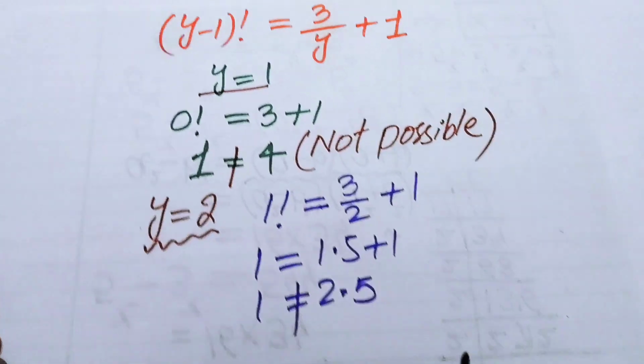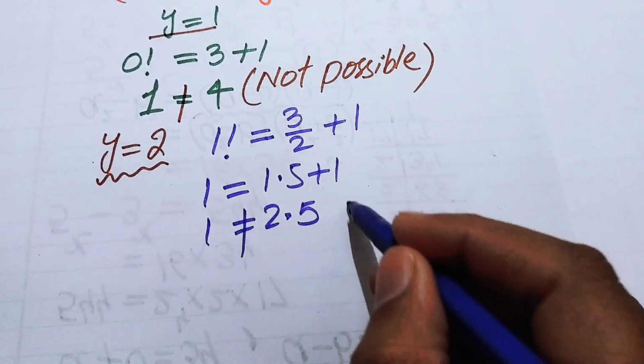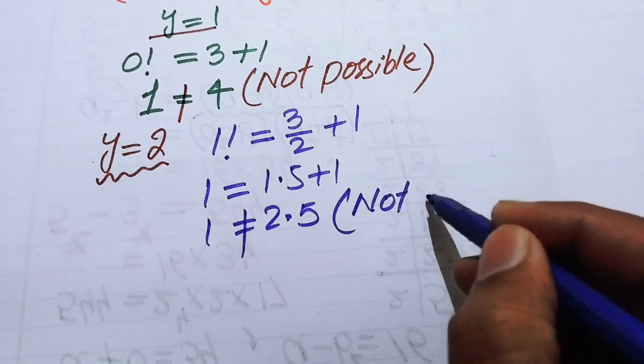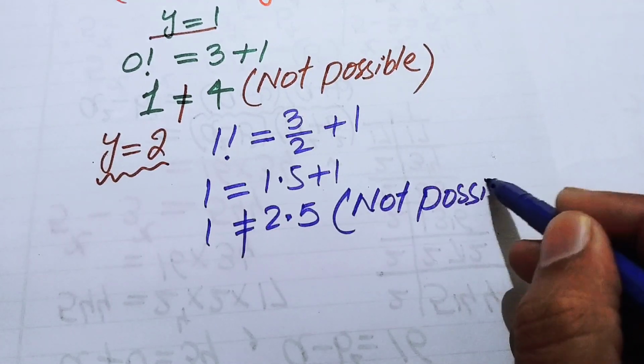So again 1 is not equal to 2.5, and this case is again not possible.